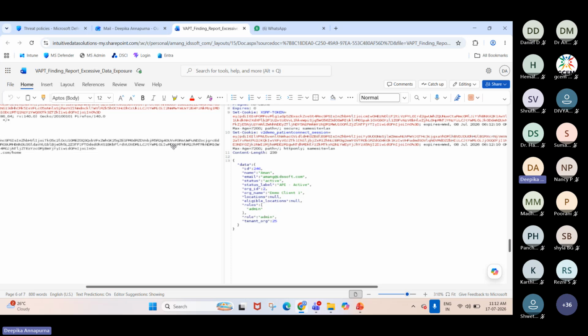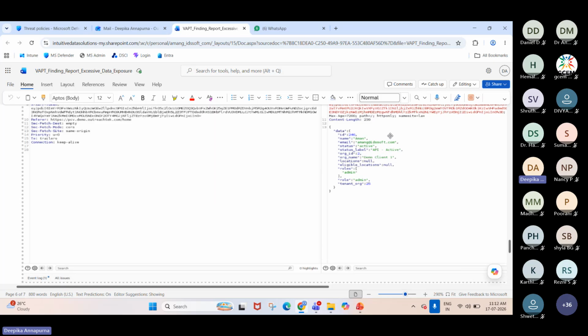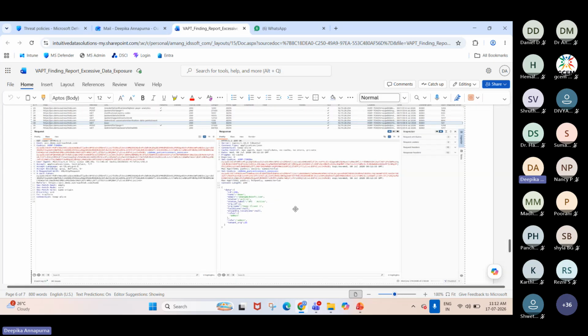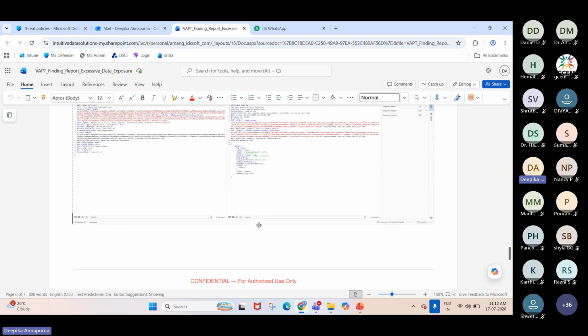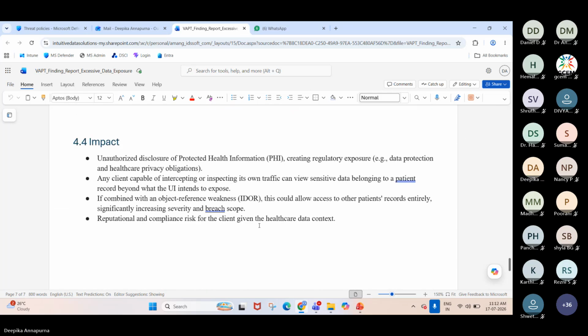The password I cannot show you, but the password field is directly shown. So if I am trying to log in with my username and password, it is directly showing the username is so and so and the password is so and so. So that should not be done, right? Leaking of passwords. So that is a high critical one.